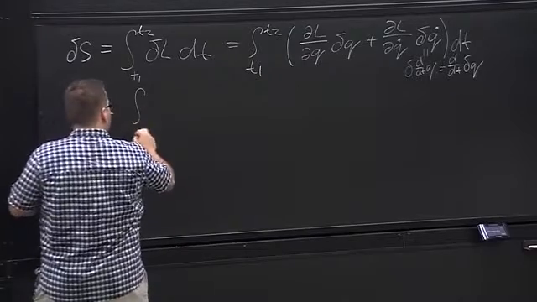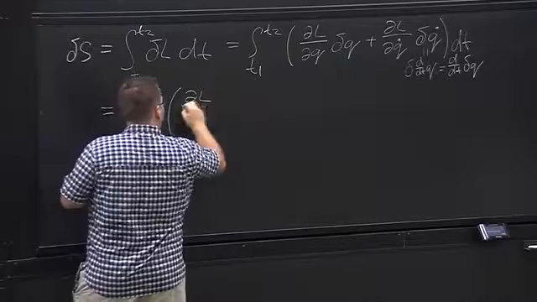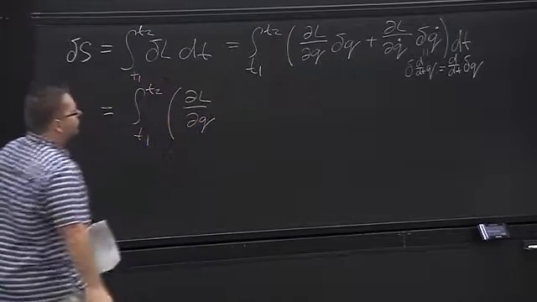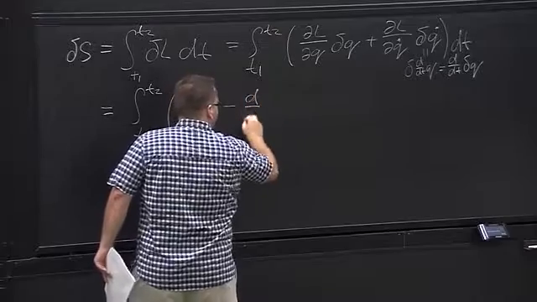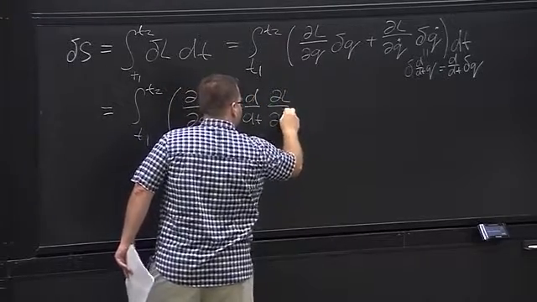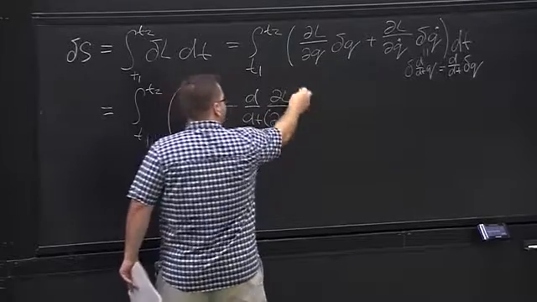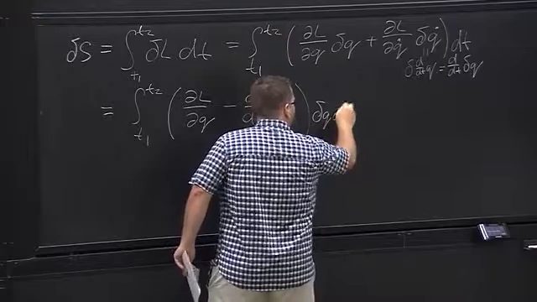So this will be an integral from t1 to t2 of dL over dq from the first term, and then minus d over dt of dL over dq dot, the second term, times delta q dt.